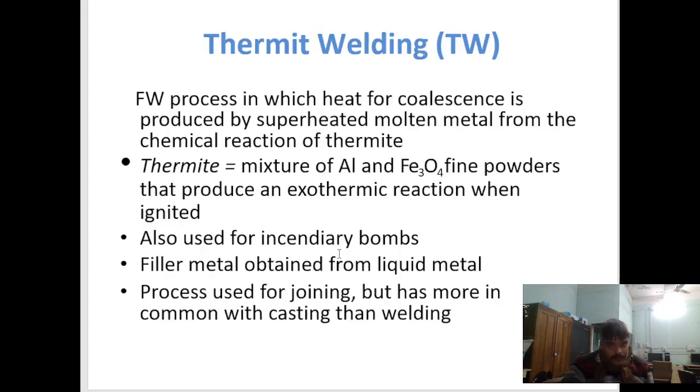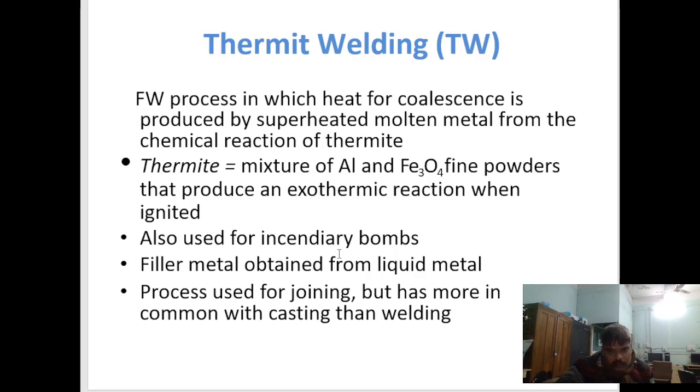Thermite welding is a fusion welding process in which heat for coalescence is produced by superheated molten metal from the chemical reaction of thermite. What is thermite? Thermite is a mixture of aluminum and iron oxide fine powder that produces an exothermic reaction when ignited.